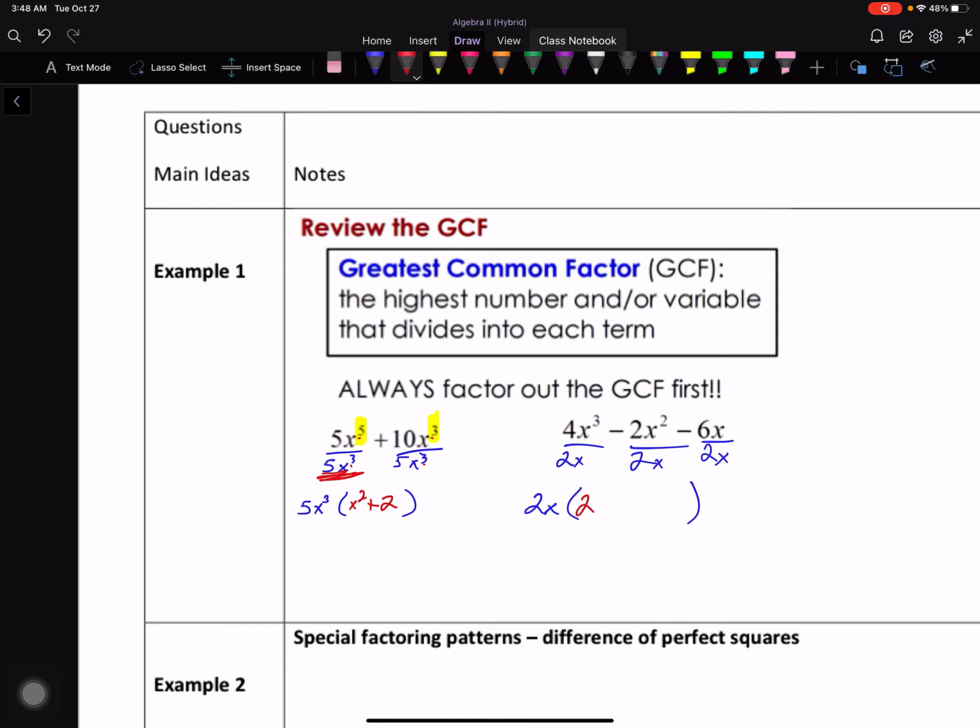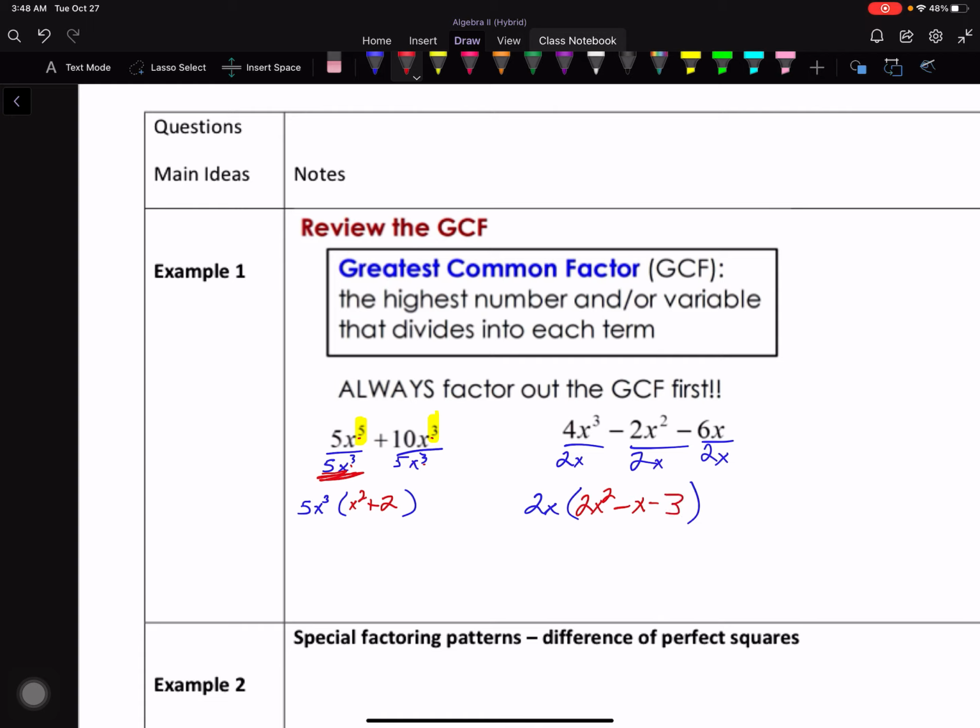I had 3 x's, I'm taking 1 out, so x squared. Minus 2 divided by 2 is 1, so you can put it there if you want, but I will just have 1x left over, and that would be the cleaner way to write it. And last but not least, 6 divided by 2 is 3. I had 1x, I took 1x.